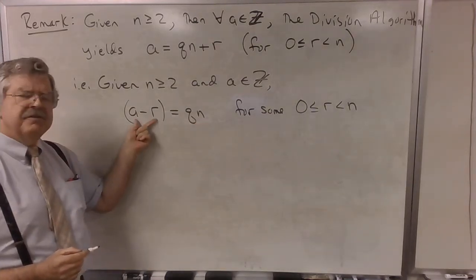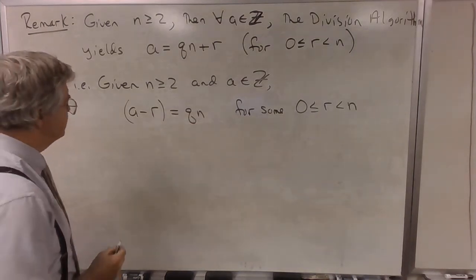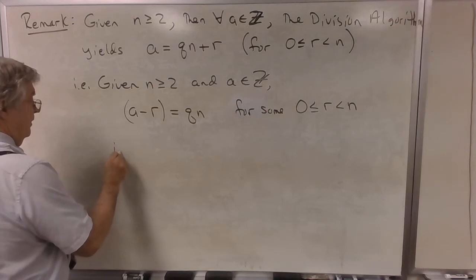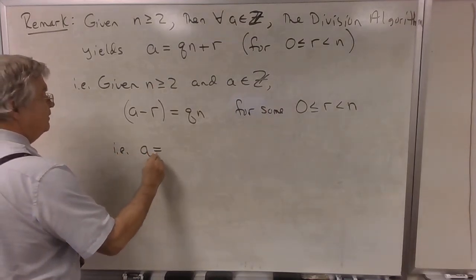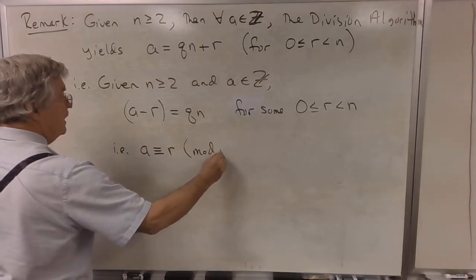So if the difference of A and R is some whole number multiple of n, that means that A is congruent to R modulo n.